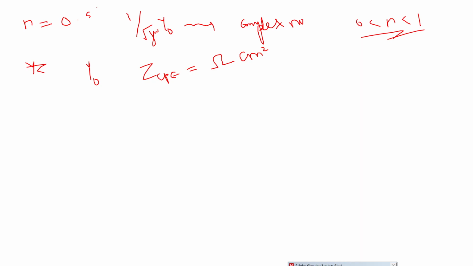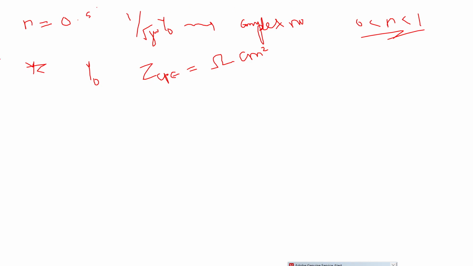When you report it in ohms, especially for battery performance, you say impedance is small, and if someone wants to compare it with their own material, it becomes difficult. When you report it with respect to a given area, saying I'm getting this much in ohm centimeter square, it is easier for another person to compare your performance with theirs.